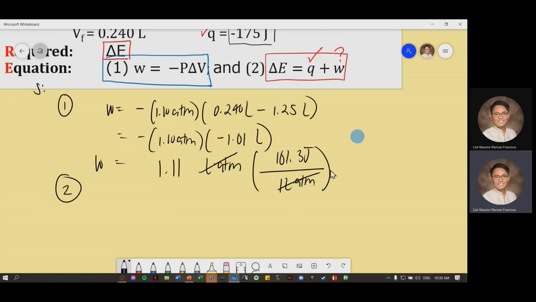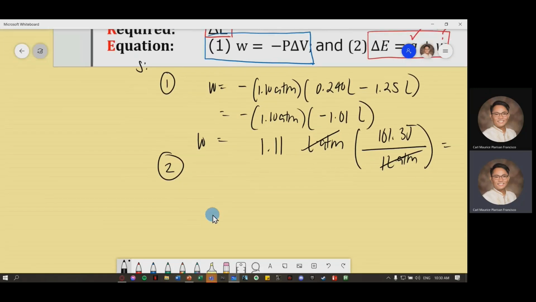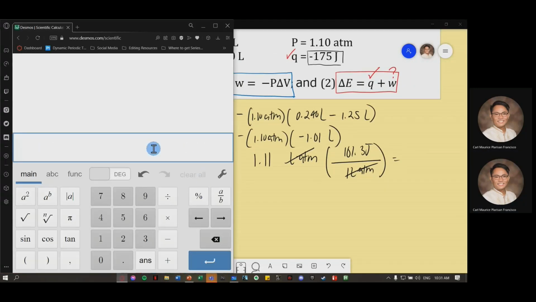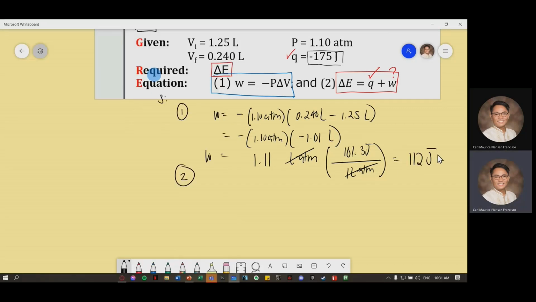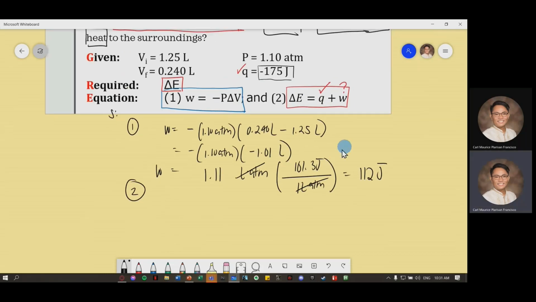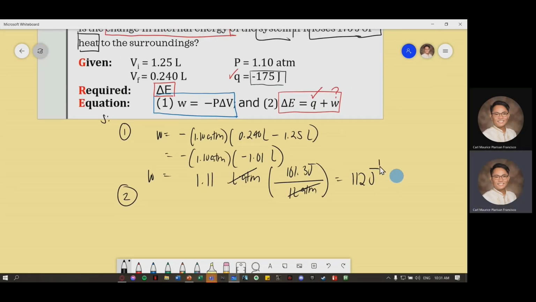So cancel. Okay, so what will be now the unit for work? So 1.11 times 101.3 all over 1. 3 sig fig, we have 112 joules. So now that we have unit joules, ayan akma joules ang ating work. Naka-joules din ang heat. So pwede na natin to isolve.